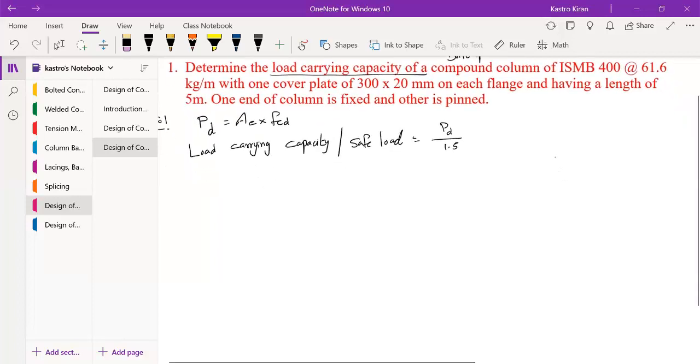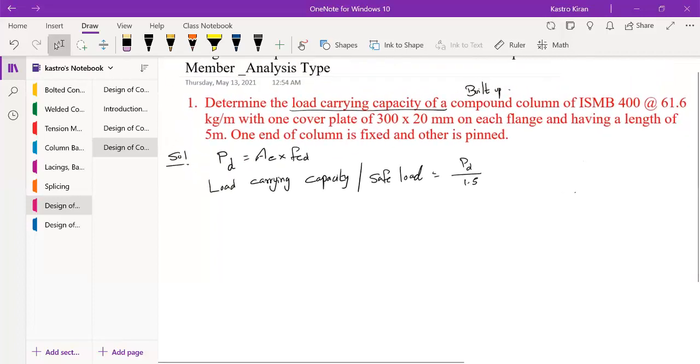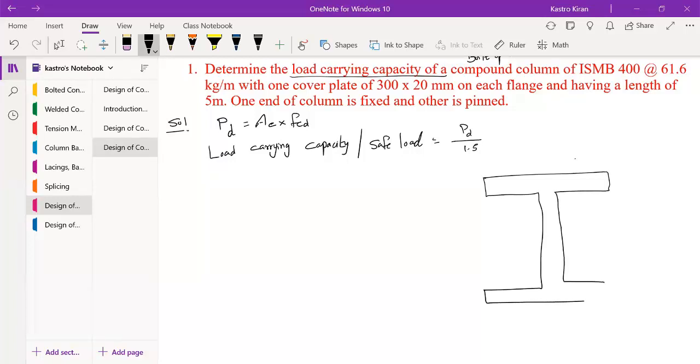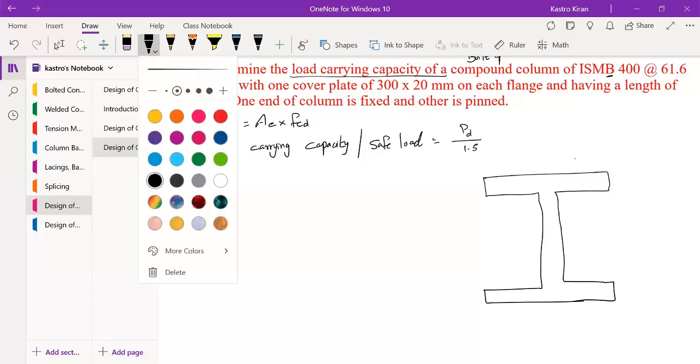So before starting this problem, let's draw a simple diagram. You have a column section in the shape of an I. Okay, that is what they have specified. ISMB represents an I section, right? When you see B at the end, it's a beam. So for ISMB, technically, it's an I section.